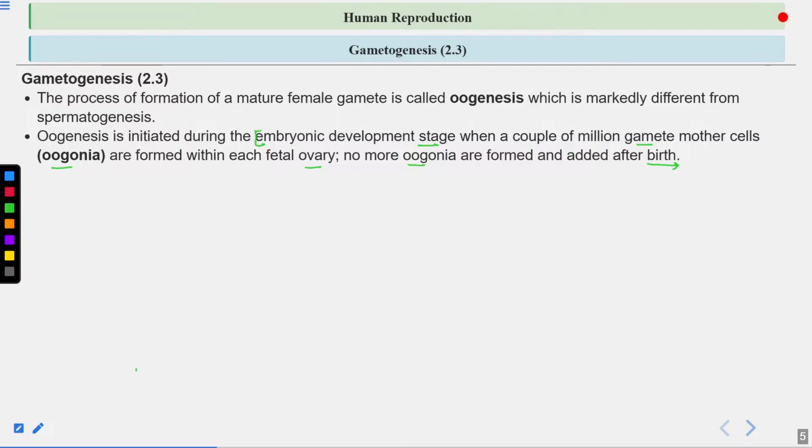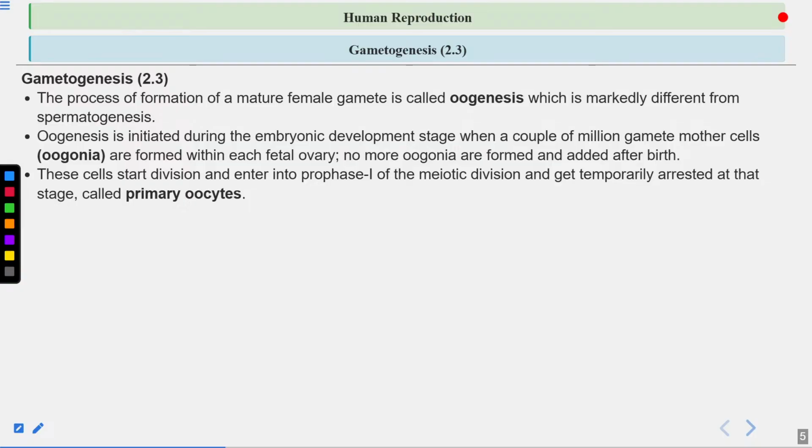What will be the answer to this question? This is also a major difference between spermatogenesis and oogenesis. Spermatogenesis, or sperm formation, starts in males at puberty, when the males attain puberty. But oogenesis starts in the fetal stage.